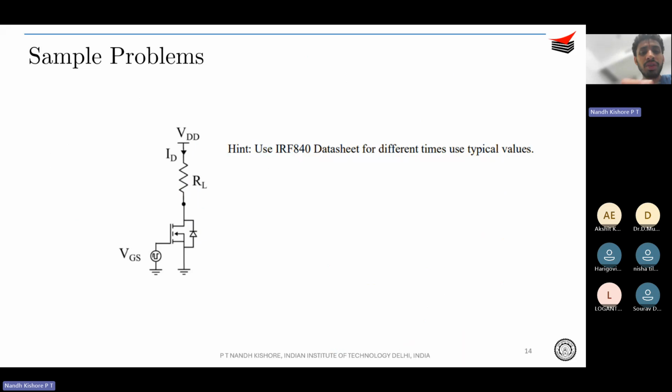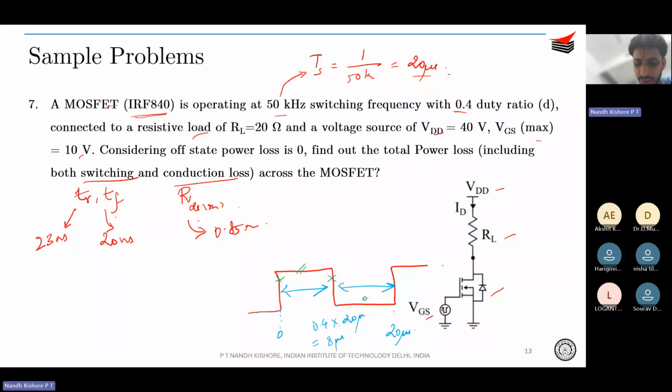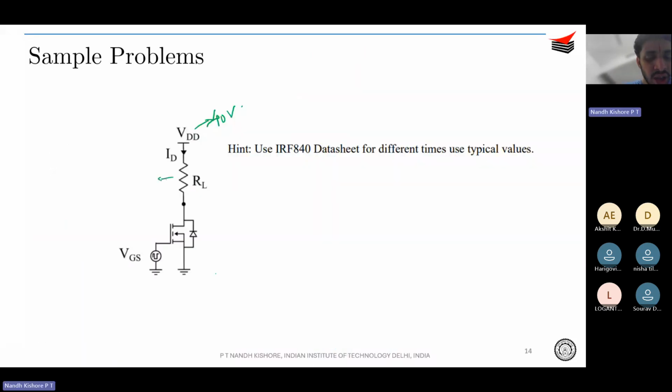Your VDD was given as 40 volt, and your RL is 20 ohms. Your RDS on is 0.85 ohm.